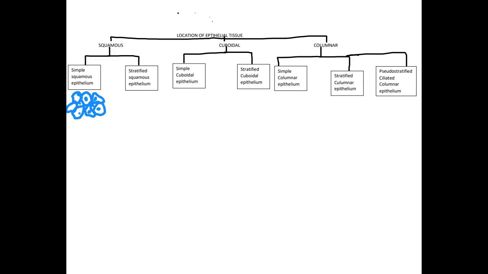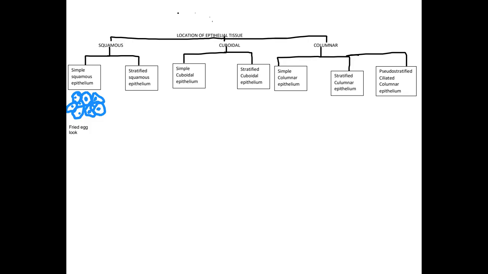So we say it has a fried egg look. That's a simple squamous. Where do we mostly find it?